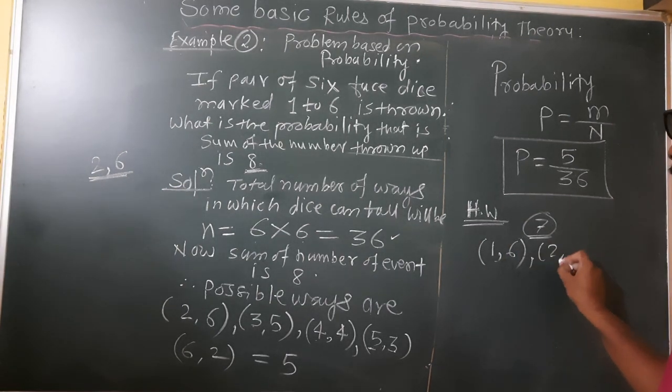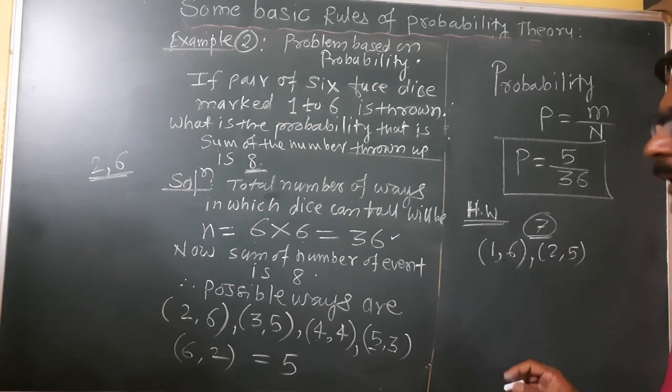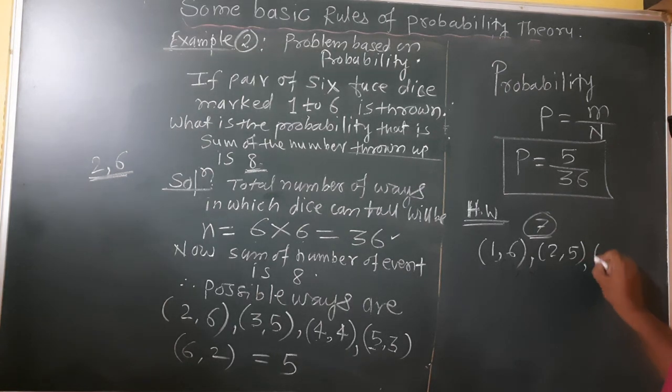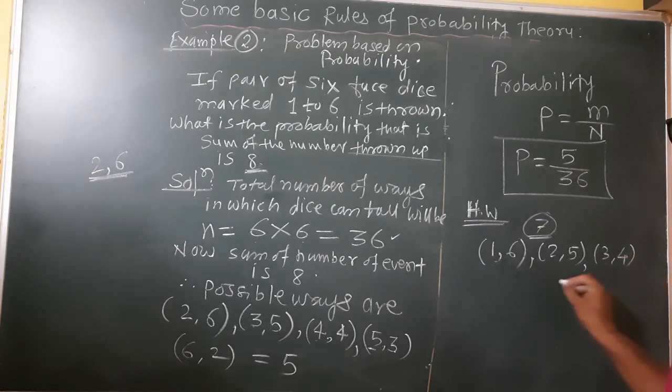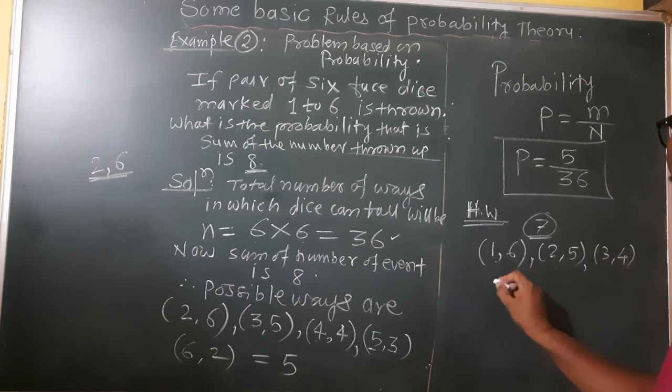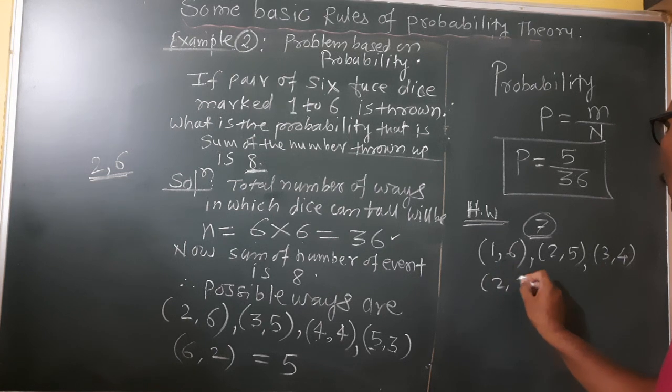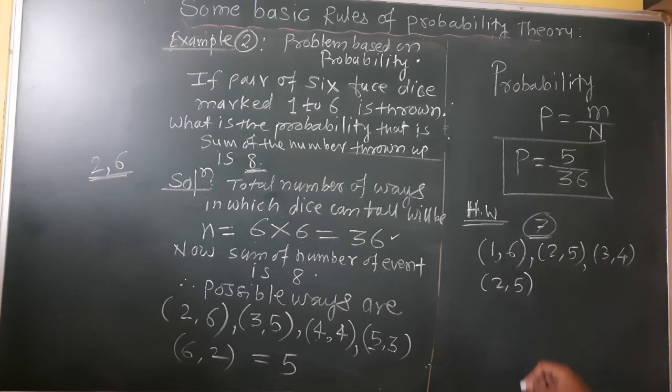Second one is 2, 5. Third one is 3, 4, 3 plus 4 is 7. Next one is, we consider 2 and 5. This is 7.